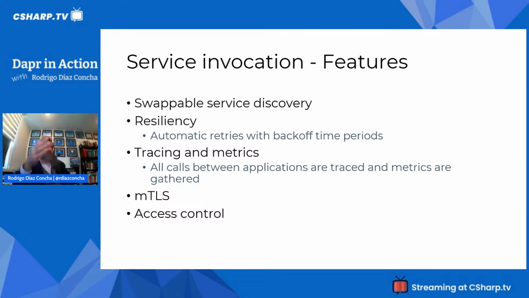Okay, it's not that you open everything and all of a sudden everything's open. Of course, you can do that, but you can also have this granular control over who and what accesses those methods and services. This is marvelous, right? This is fantastic because, as you can see and as you can hear, service invocation has those things that we have to implement ourselves without using something like Dapr.